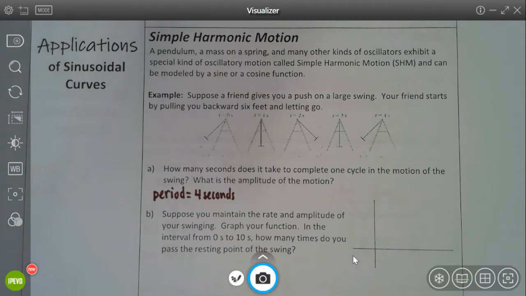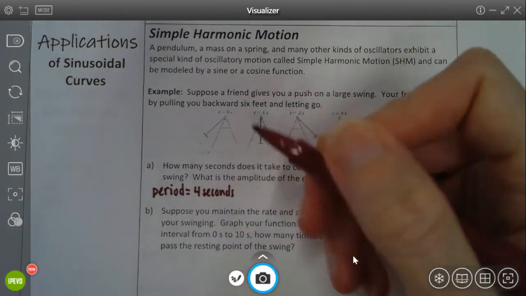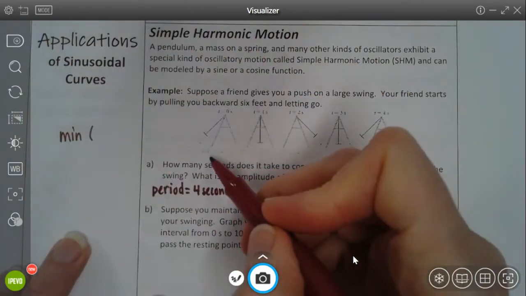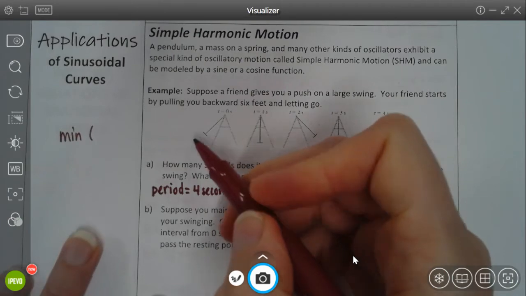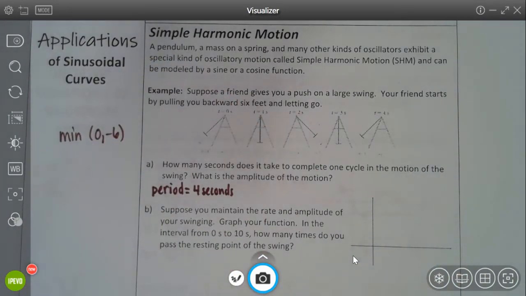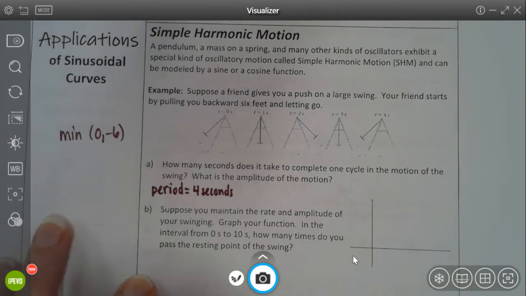Now, if we want the amplitude, our amplitude value is our value for A. And again, that's half the distance between our maximum and our minimum. So when your friend pulls you back, your minimum here is at 0 seconds, because you're at the far left 6 feet. So you're at -6 if we think about being pulled away from stationary. And then as time moved on, after 2 seconds, you get to that far right position there.